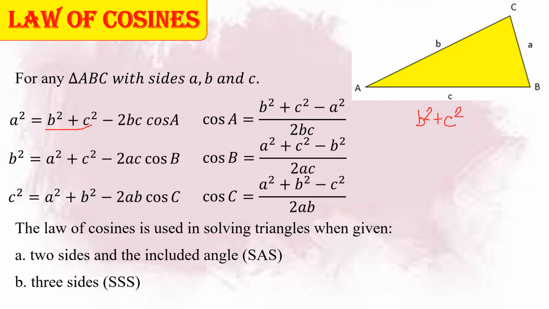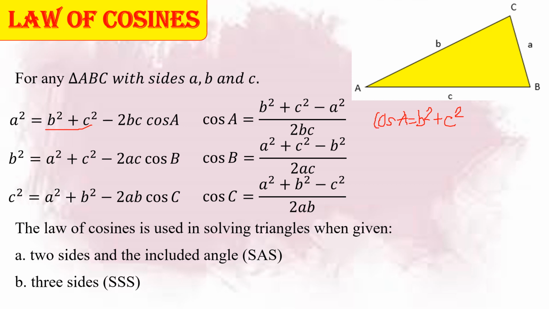And then next, since ang hinahanap natin is si cosine A, copy muna natin si cosine A. Ilagay natin siya dito. Ipapakita ko lang kung paano siya nakuha. Okay? So, cosine.